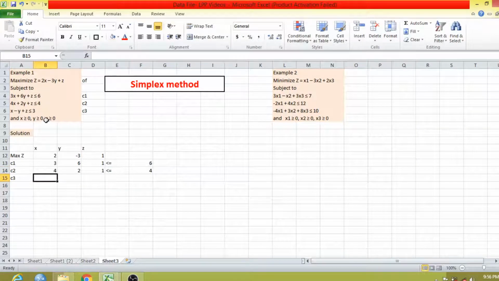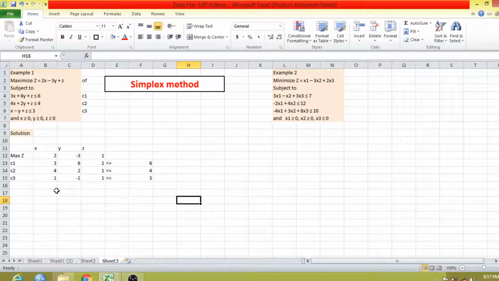Now for the third equation, what are the coefficients of the x, y, z decision variables? 1, -1 and 1. What is the sign? It is again similar. And what is the value we have for this particular constant 3?